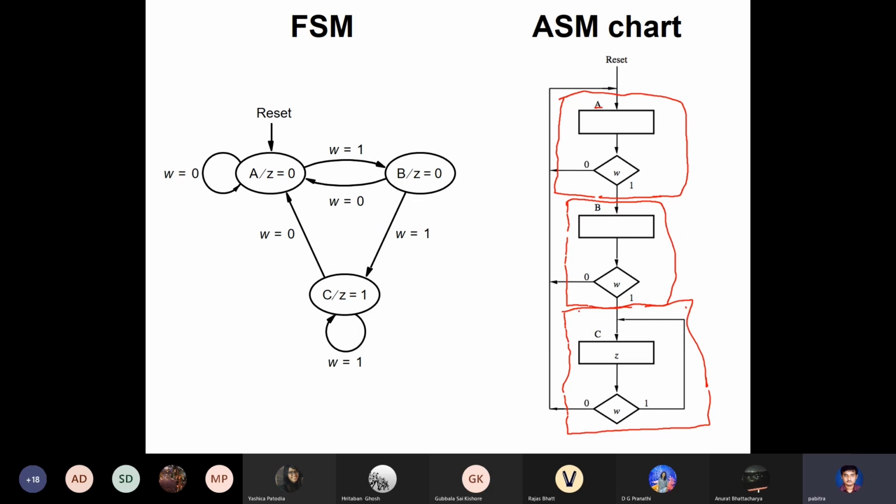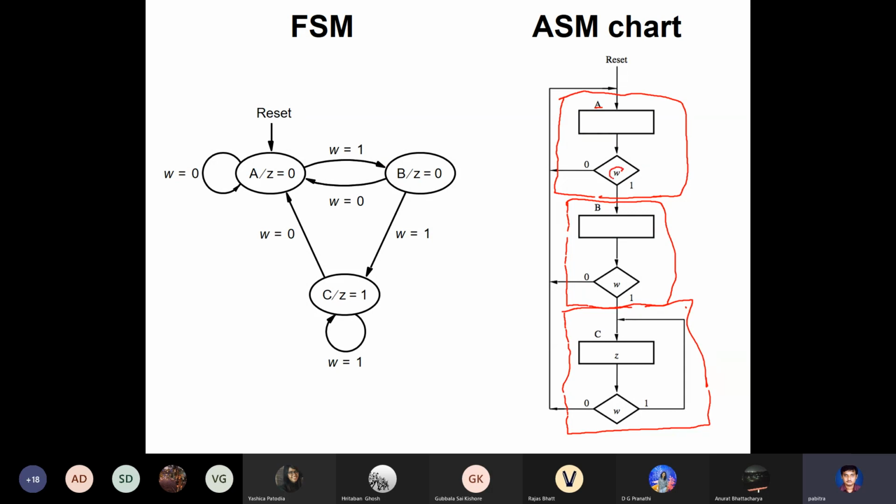Now I just complete it. There is only one input variable. The moment I come out of A, if for both values of input you went from A to B, then this box would not have been there. But there are two different values, and you go to two different states.